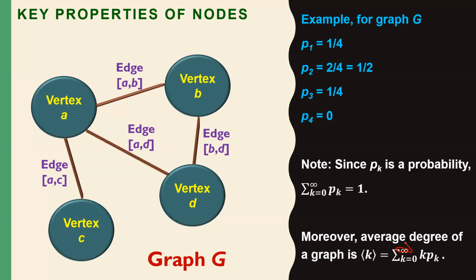So essentially, this infinite series is just a finite sum because eventually, for large enough k's, they will be equal to 0. But that's another way of looking at the average degree. It's just the expected value of the degree distribution. So for those that are more statistically inclined, you can remember it this way.